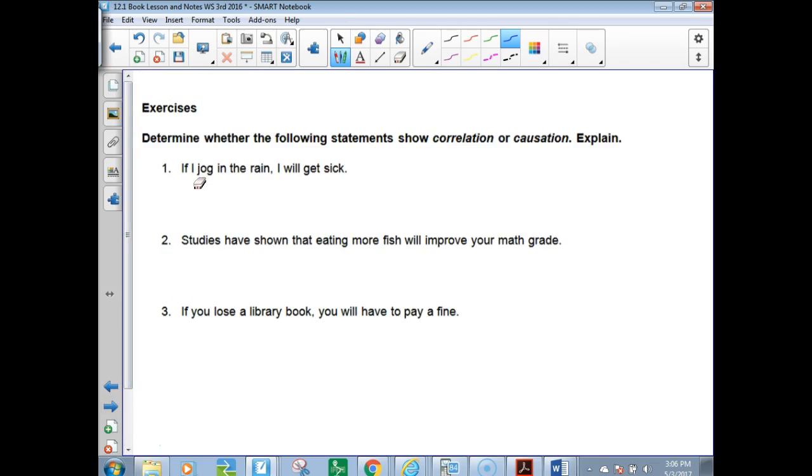Now we're going to do our own. Determine whether the following shows correlation or causation, and we have to explain it. If I jog in the rain, I'm going to get sick. All right, there is a correlation. Okay, now, you may get sick for other reasons, right?